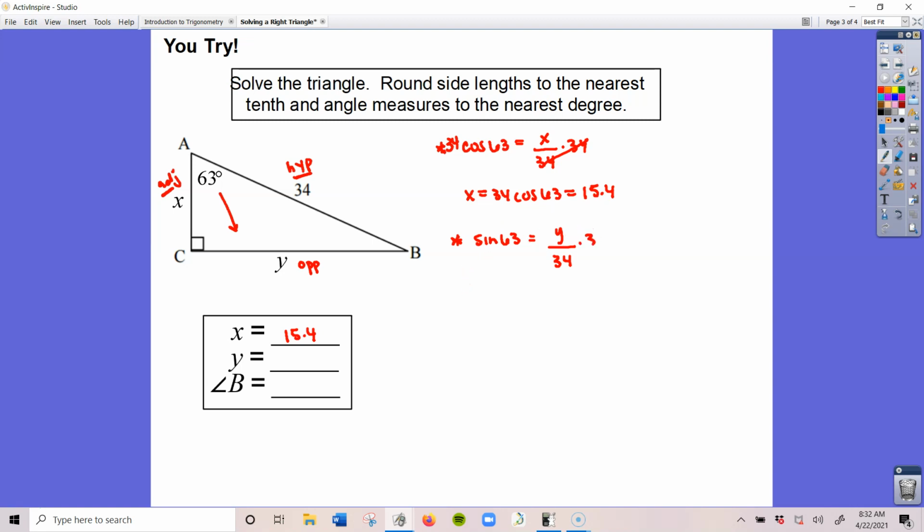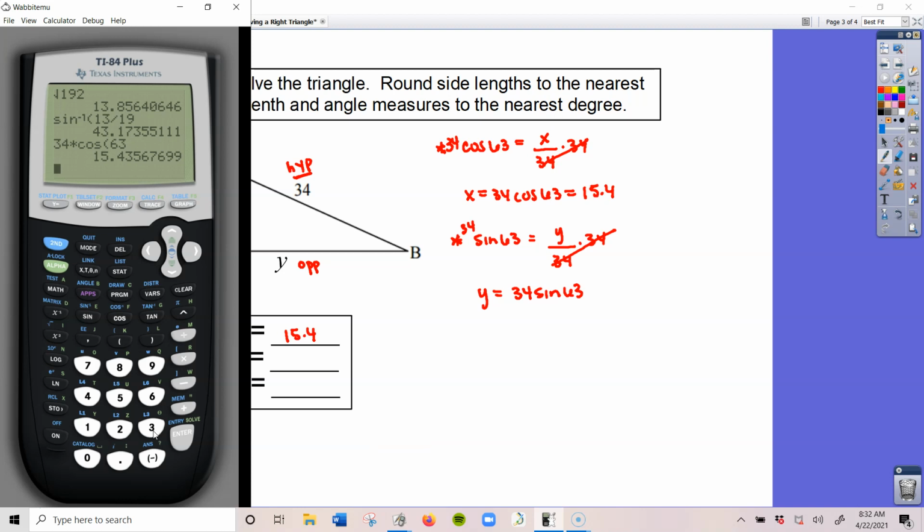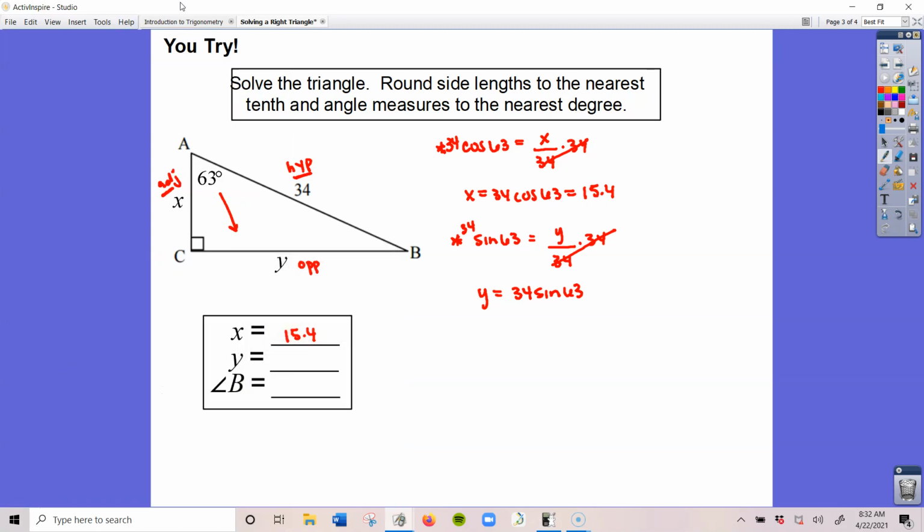So I would multiply 34 here to both sides, and I get that y is equal to 34 times the sine of 63. So I'm going to go to my calculator. 34 sine of 63, and I get 30.29. Again, we're rounding to the nearest tenth, so this would be 30.3.